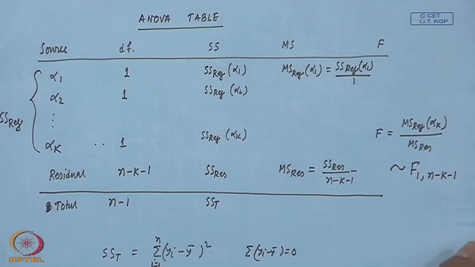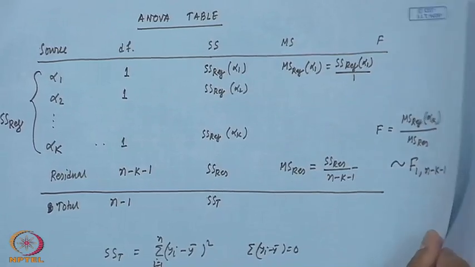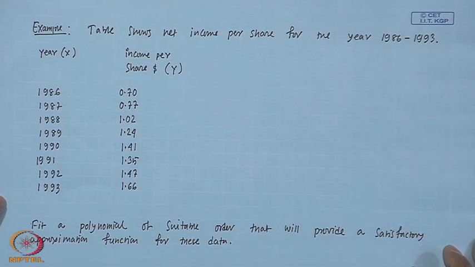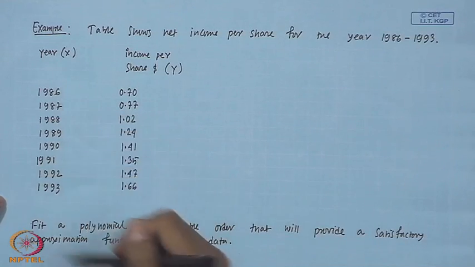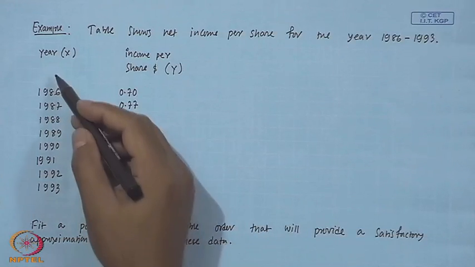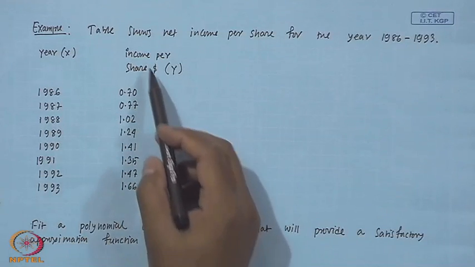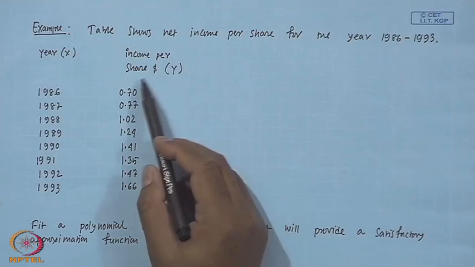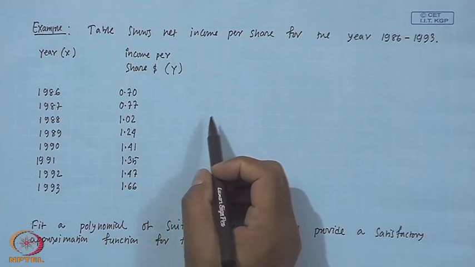So, what I want today is to give an example to explain this orthogonal polynomial fitting. So, here is the example. You have the x variable, which is the regressor year, and this is the response variable, income per share in dollars.